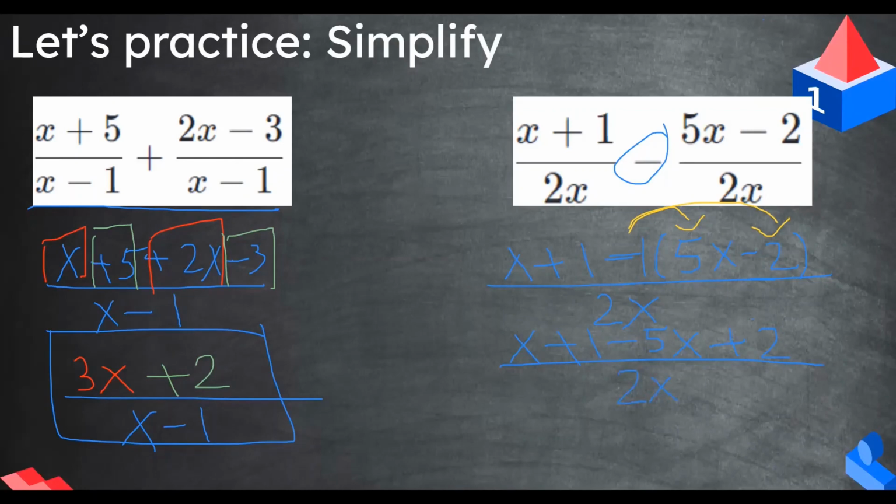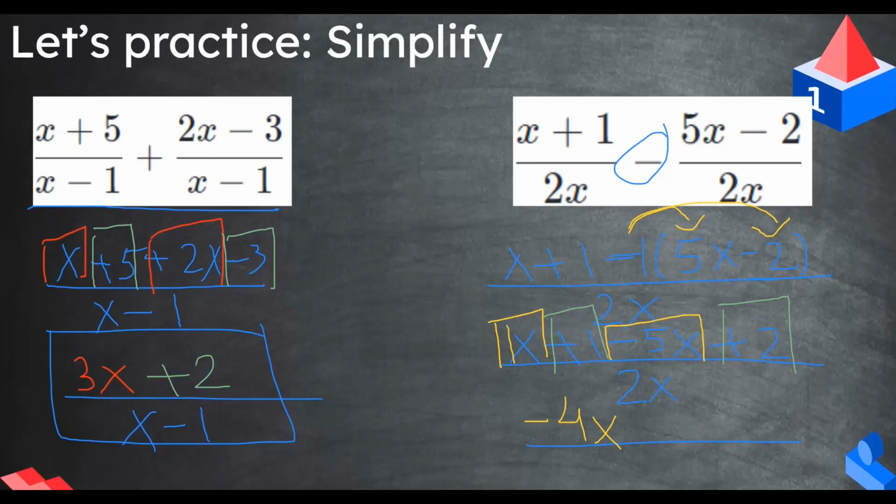Now is the time for you to combine like terms. Let's identify the like terms first. Well, I see x here, and I have negative 5x. They're my like terms because they both have the same variable with the same exponent. And then I have 1 here, and I have positive 2 here, right? So let's combine them. x minus 5x gives you negative 4x, because x has a 1 in front of it.